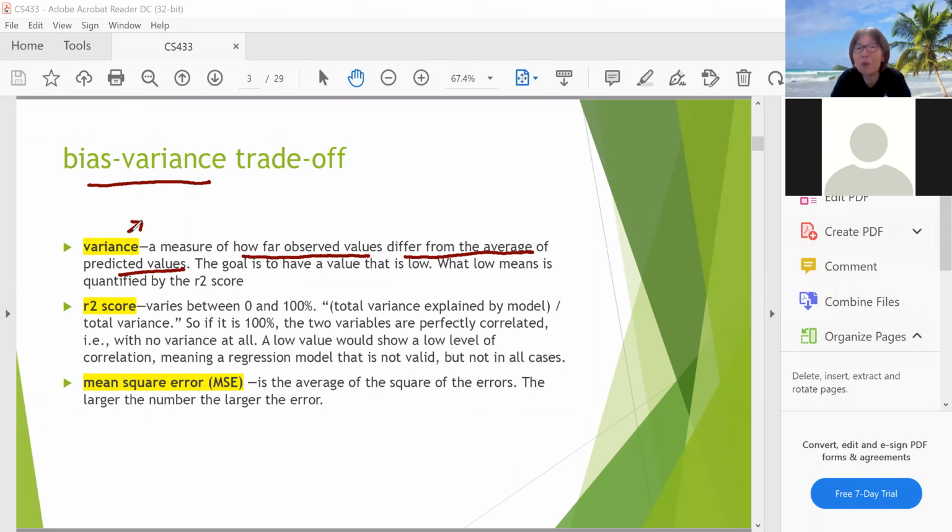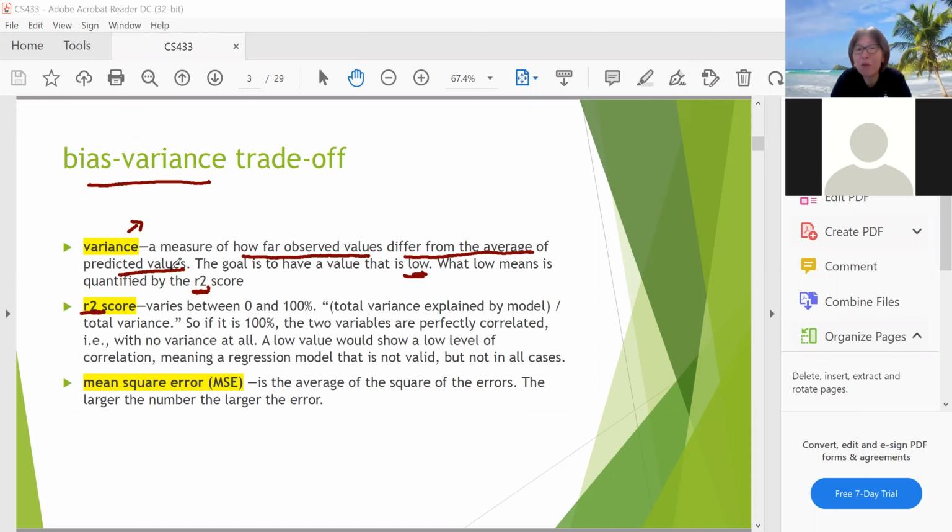Okay, so that's regarding variance, and we would like it to be low. That low variance can be quantified by R2 score in statistics, so R2 score can also be used to measure the variance.